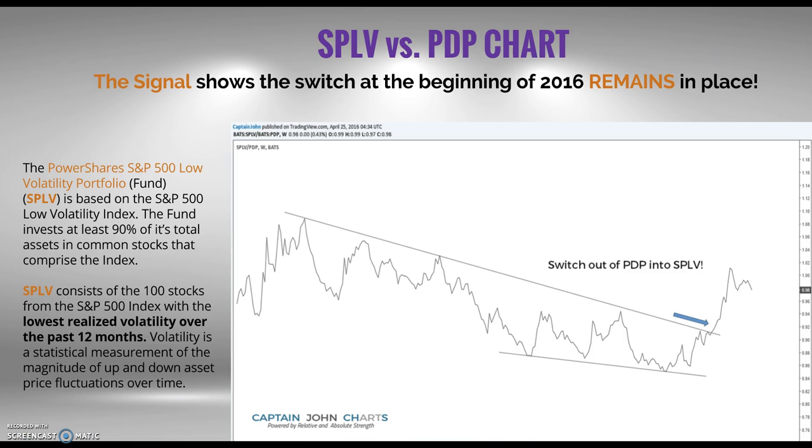We have more important information to get onto here with the SPLV versus the PDP chart. The signal was showing that switch at the beginning of 2016 and remains in place. So we all know what happened going into 2016.